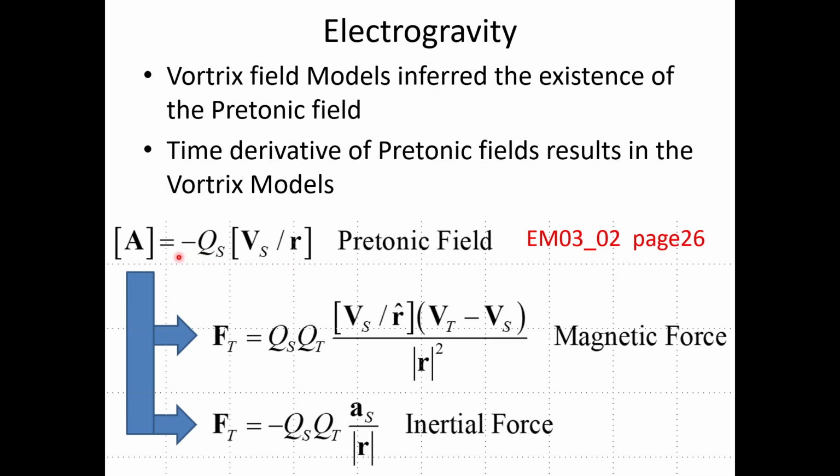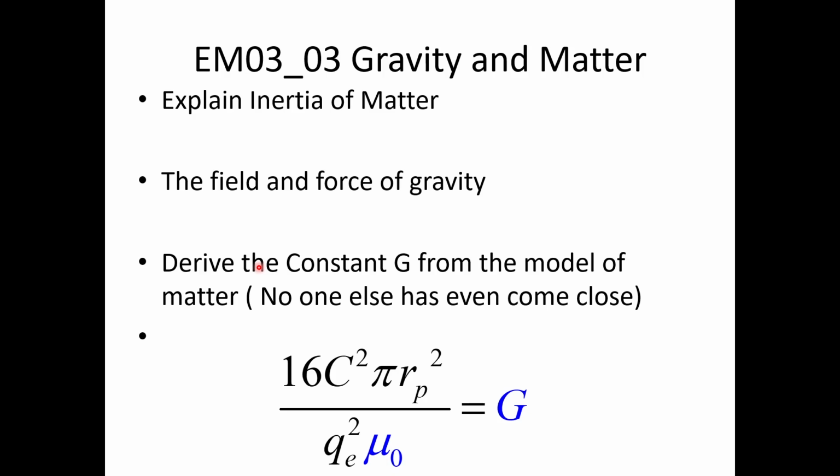And from there, if you take the time derivative of the pretonic field, you end up back at the magnetic force model and the inertial force model. So I could show that what we found experimentally can be derived from a primordial field that's at a much lower and primitive level.